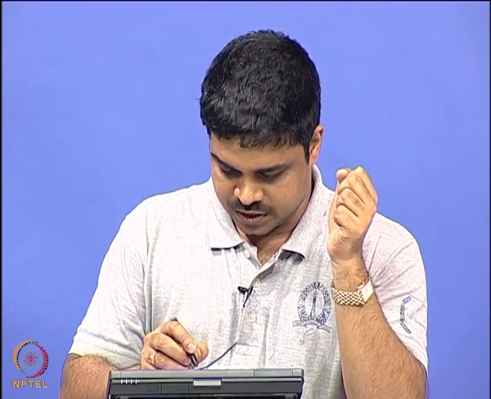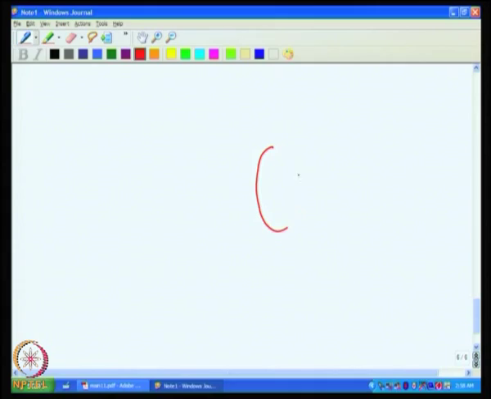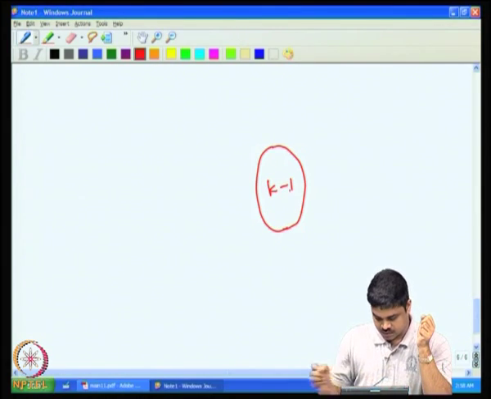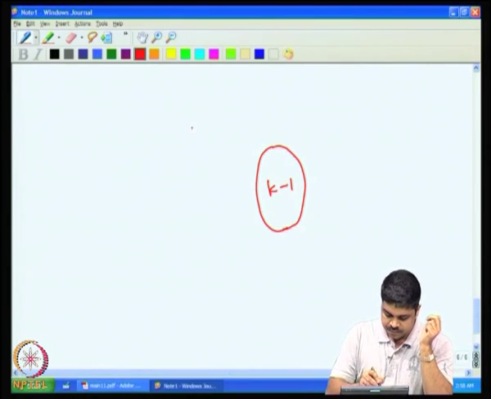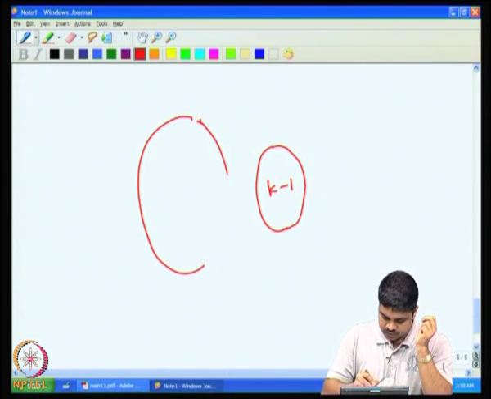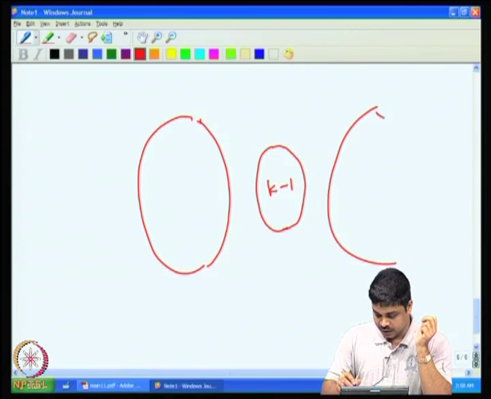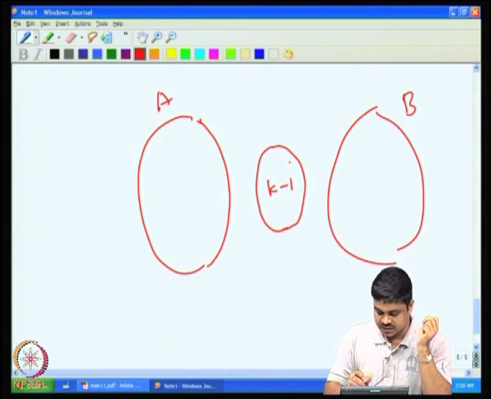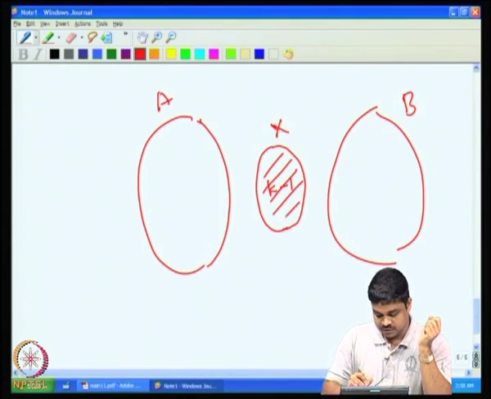So, you can separate A from B using some k minus 1 set. So, let us call this set x. Some set x will separate A from B and it will contain only k minus 1 vertices, right.